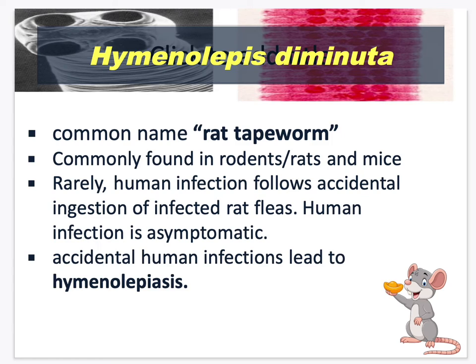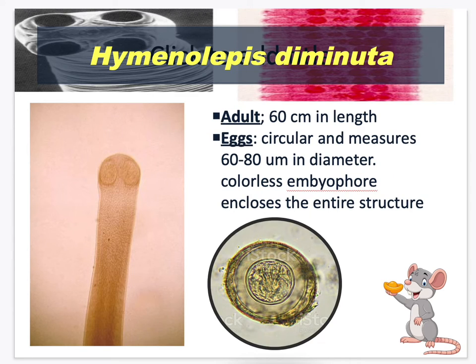Accidental human infections lead to hymenolepiasis. So adults can go up to 60 centimeters in length, and the eggs are circular and measure 60 to 80 micrometers in diameter. They have a colorless embryophore that encloses the entire structure.